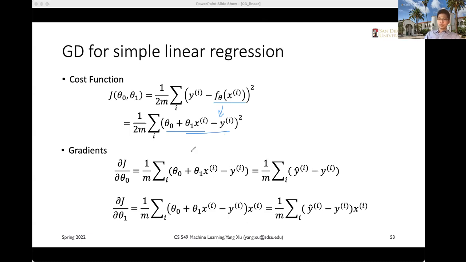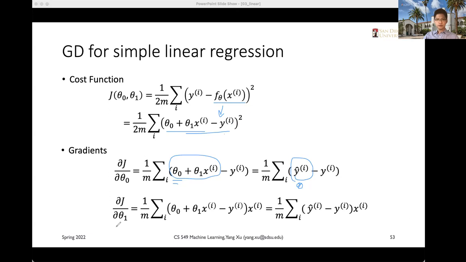We just treat theta 0 as unknown and all the other variables as constants. Now we just replace this theta 0 plus theta 1 times xi with the y hat, for a simpler notation.